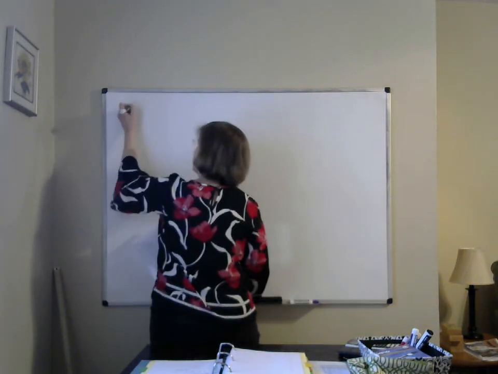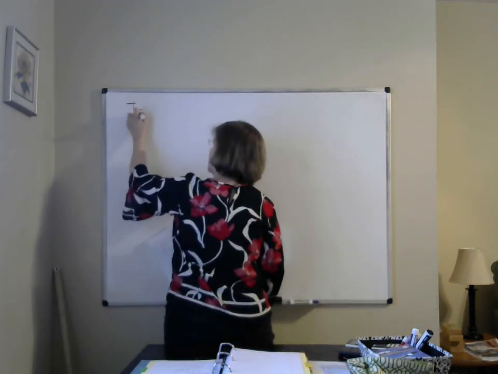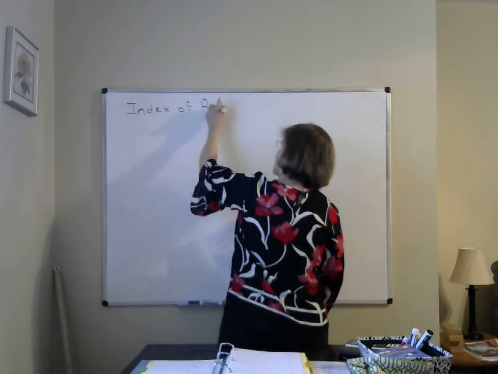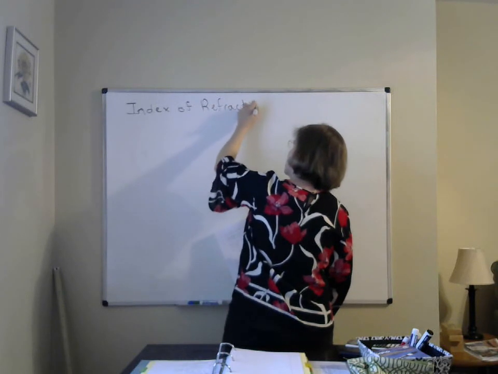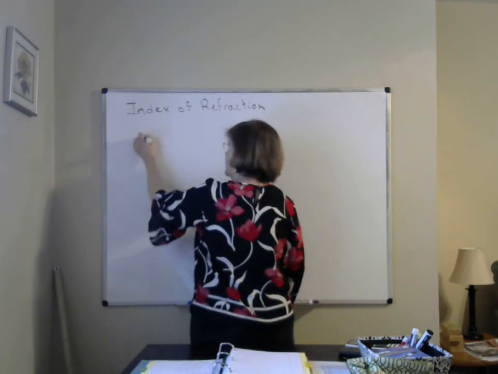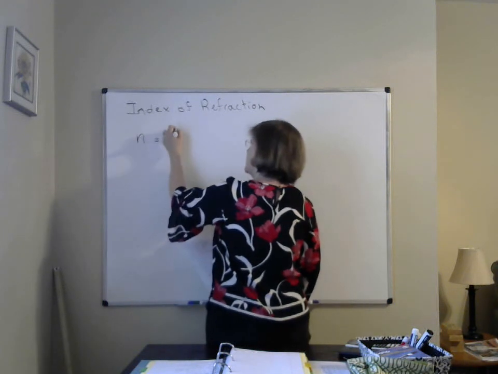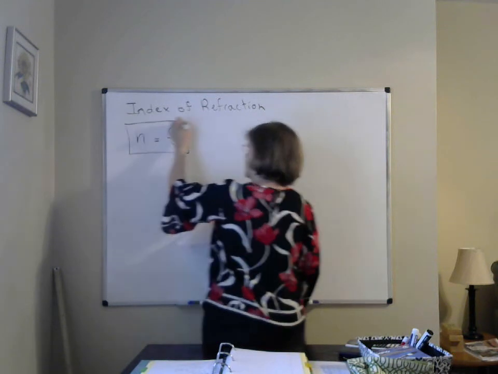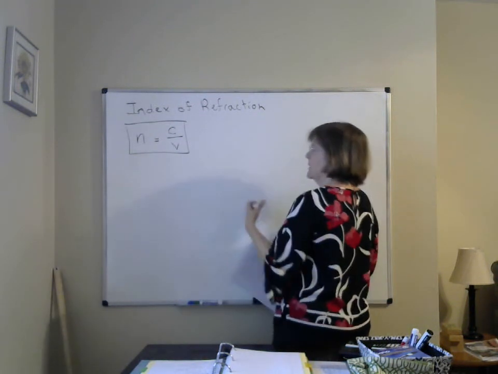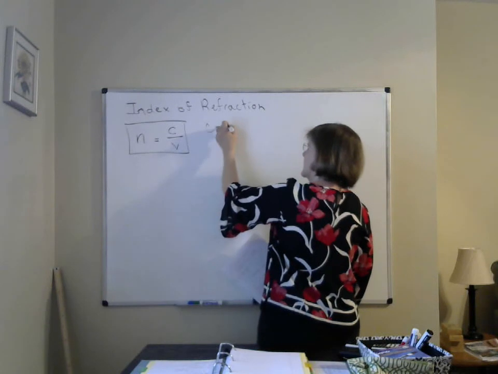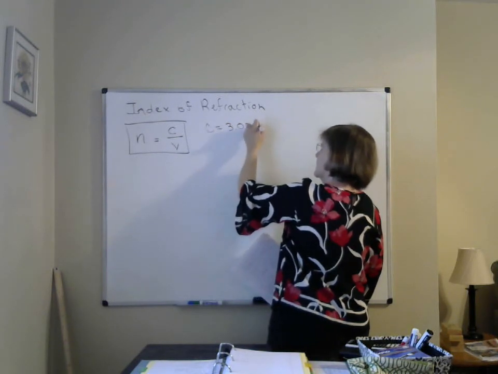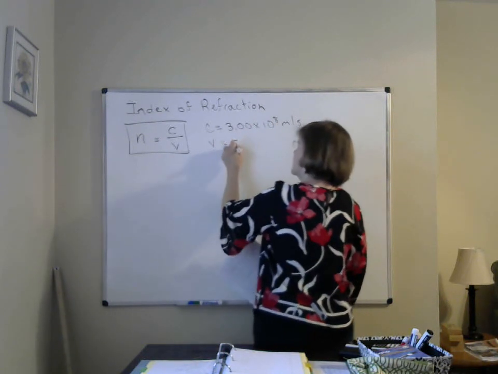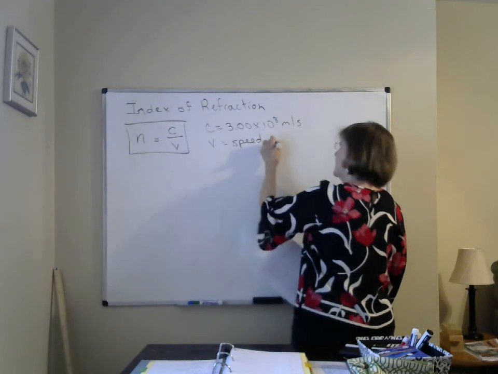The index of refraction is defined to be a number n, which is equal to c over v. n will not have any units. We know that c is the speed of light in a vacuum, and v is the speed in the material.